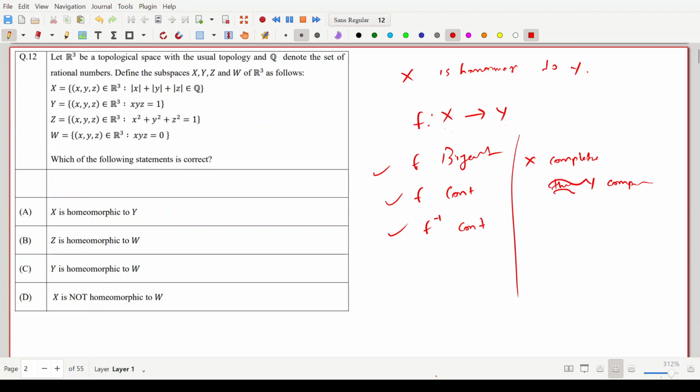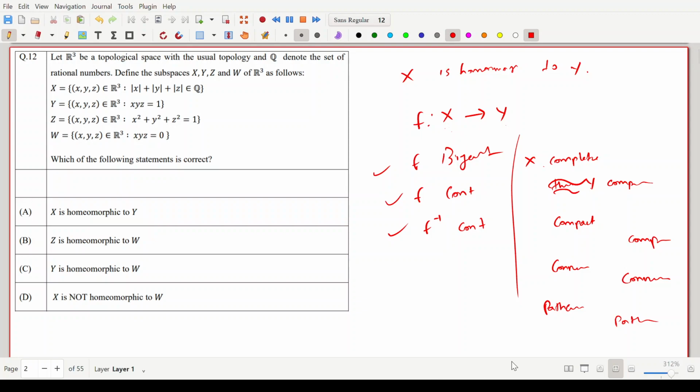That means completeness is a homeomorphic invariant. And then the same goes for compactness. If one is compact, then the other should also be compact. Next, if one is connected, then the other should also be connected. If one is path connected, then the other should also be path connected. So these are the homeomorphic invariants.